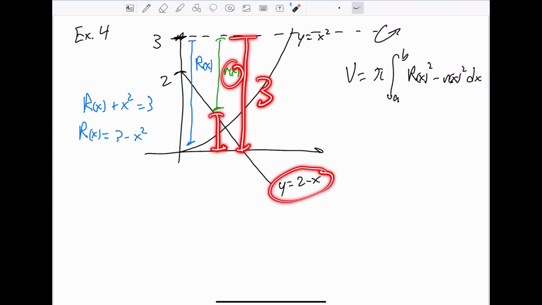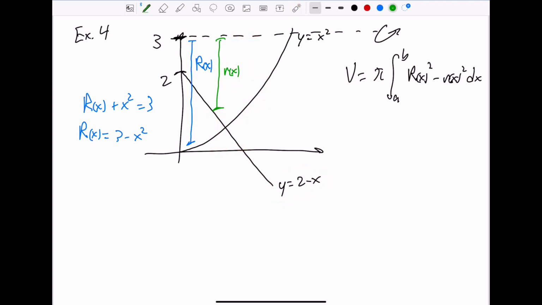The y value is 2 minus x, so I have this expression for small r plus 2 minus x equals the total distance 3. Solving for small r, I have 3 minus (2 minus x). So this is negative negative x, which is just x. 3 minus 2 is 1. This is x plus 1.